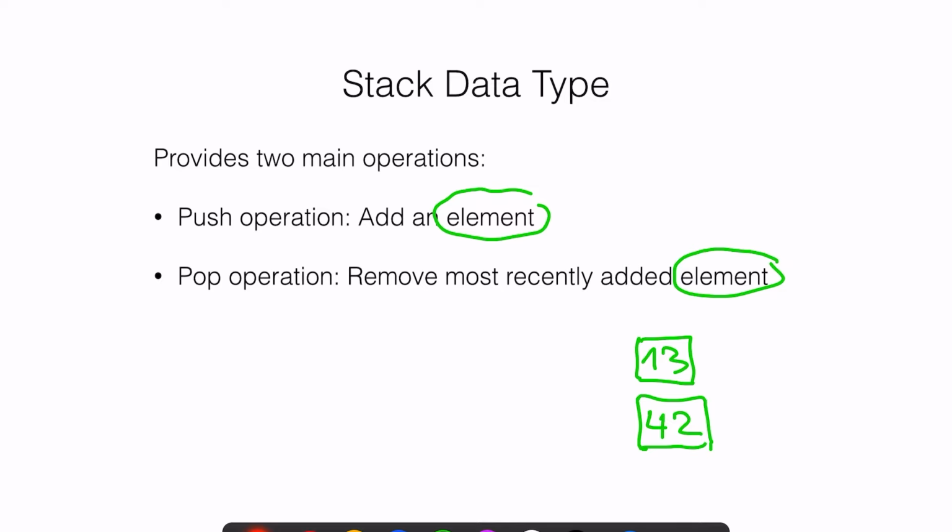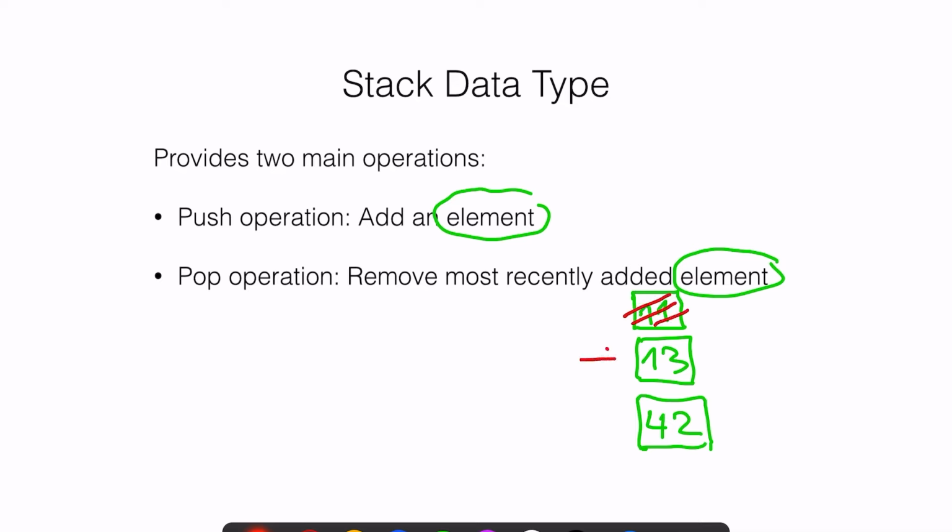Then let's say I push another element 11. Then I have a third box on top of the box with value 13. So this would be the state after three push operations. If I now perform a pop operation, then I remove the last added value, that would be the 11.